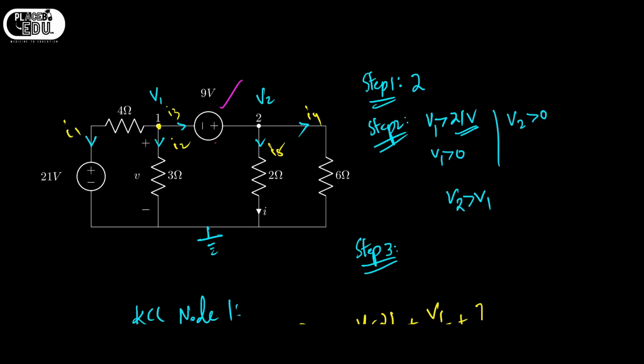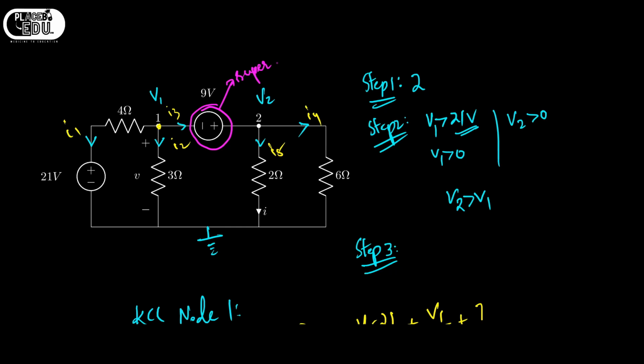For a voltage source, the current will be purely depending upon the circuit in which it is connected. But here we don't know the current exactly. So whenever we don't know the current in a certain path, that too definitely a voltage source, then it is known as a supernode.